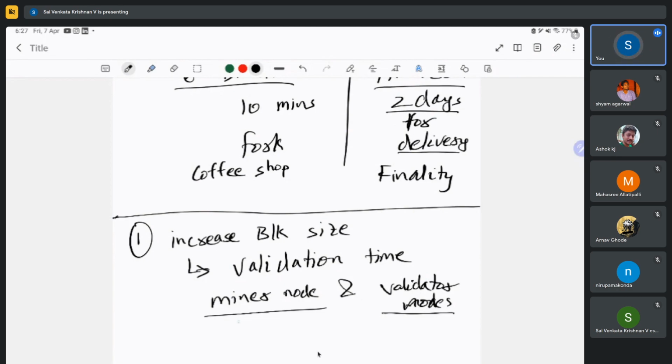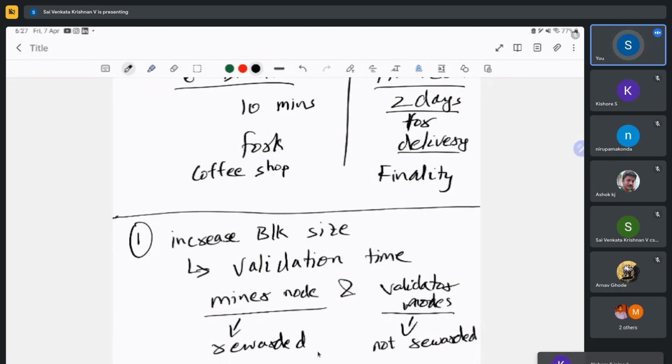Note that only the miner node gets a reward, and the validator nodes are not rewarded, because the miner node is the one solving the proof of work, whereas the validator nodes are just validating all the transactions and the consensus rules, as part of the Bitcoin protocol.